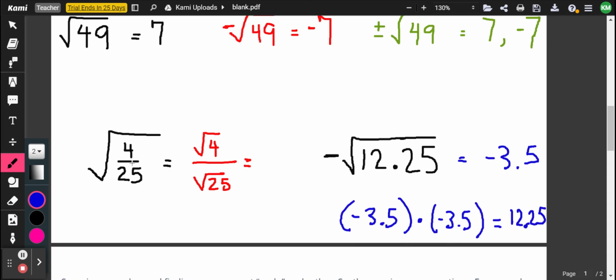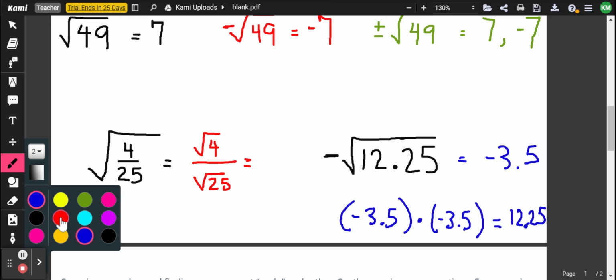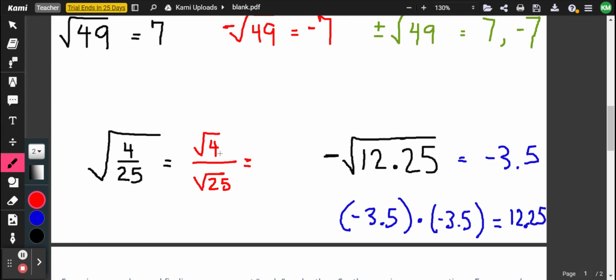We could also use radical symbols to find the square roots of fractions and decimals. So if we're looking at the square root of 4/25ths, what they're asking us to do is find the square root of 4 and find the square root of 25. Well, the square root of 4 is 2, because 2 squared gets me to 4. And the square root of 25 is 5, because 5 squared gets me to 25.